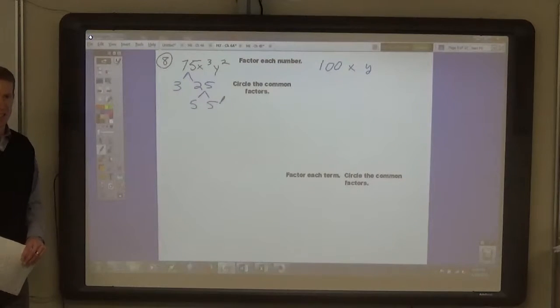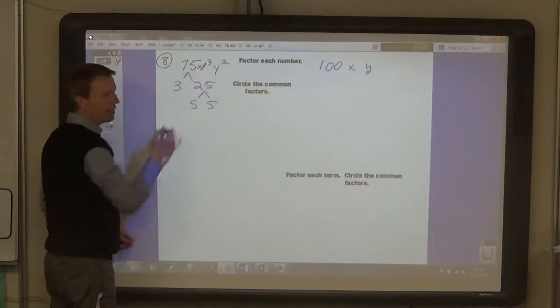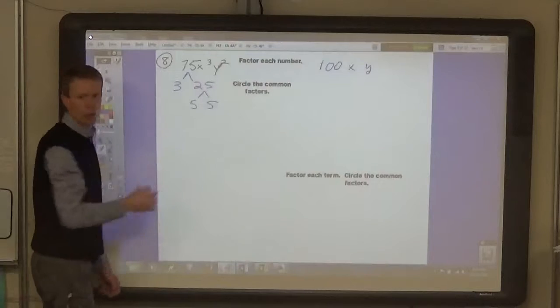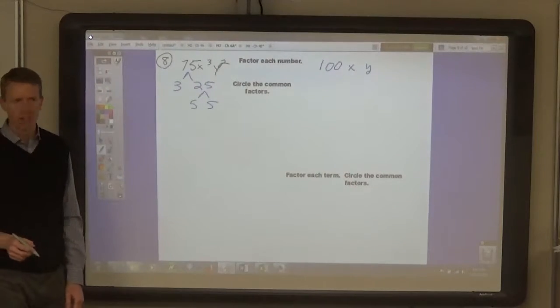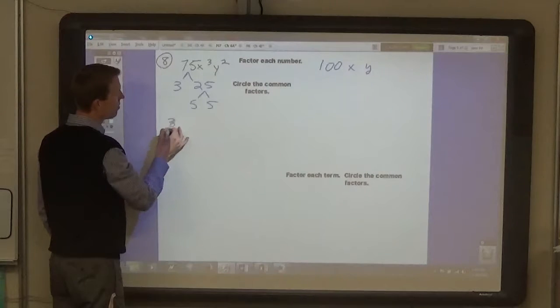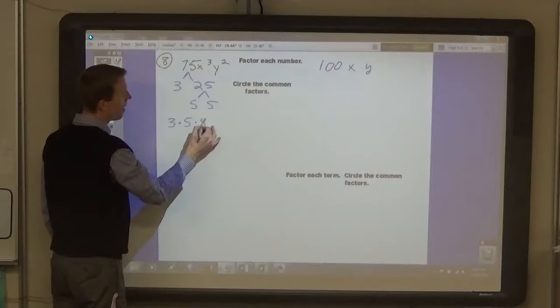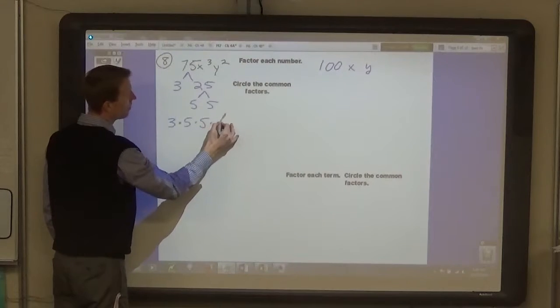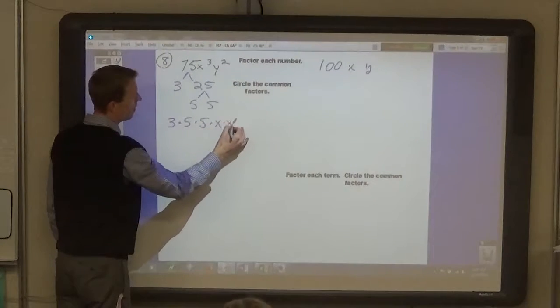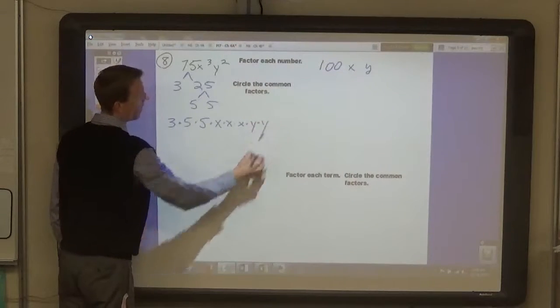But then there's also 3 x's and 2 y's in this whole thing. See, x to the 3rd power. So this is 3 times 5 times 5 times x times x times x times y times y.